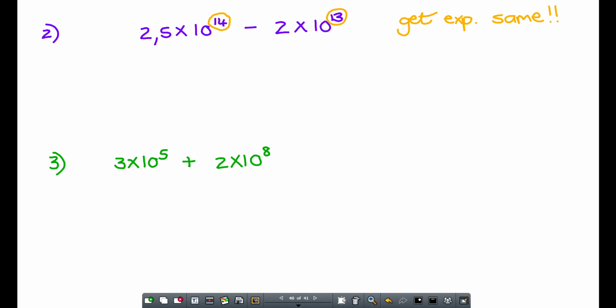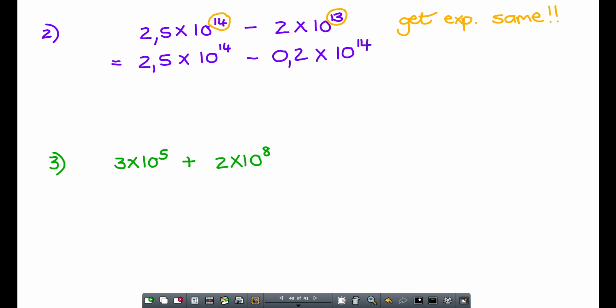So this is going to stay 2,5 times 10 to the power of 14, and that 2, I'm going to make 0,2. Can you see the comma moved one space? So it means that it now would be one more over here. So it's not 10 to the power of 13, it's now 10 to the power of 14.